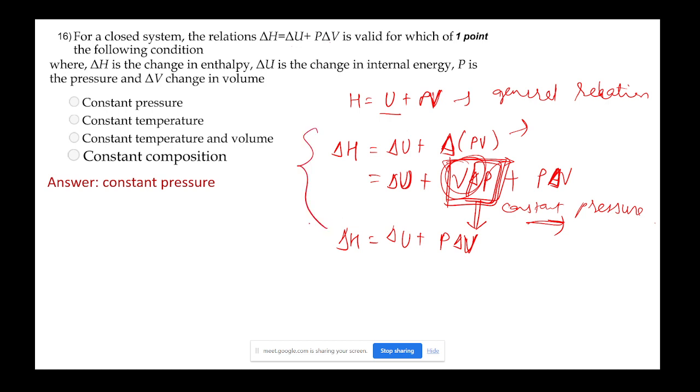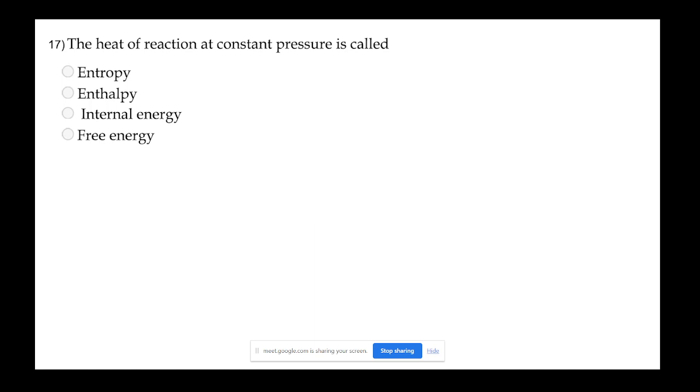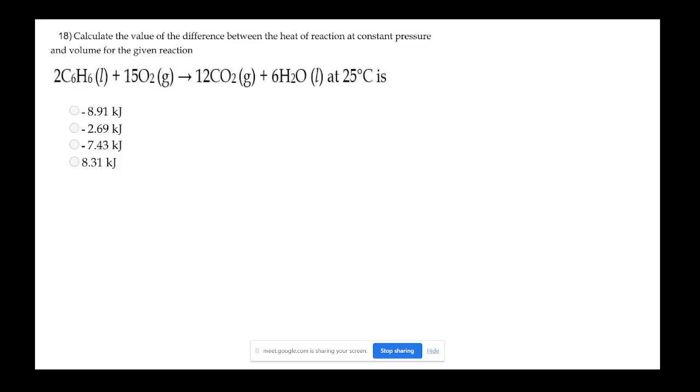Okay. Next question is, the heat of reaction at constant pressure is called what? This is what we talked about in the earlier slide, which is nothing but enthalpy. Calculate the value of the difference between heat of reaction at constant pressure and volume for the given reaction.